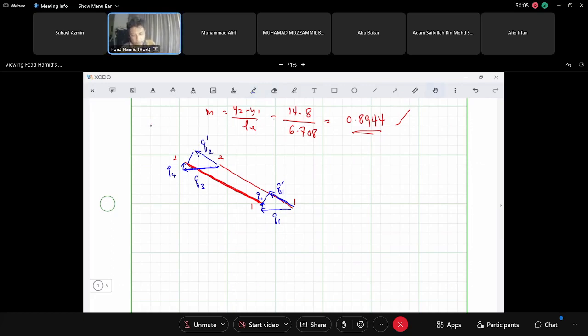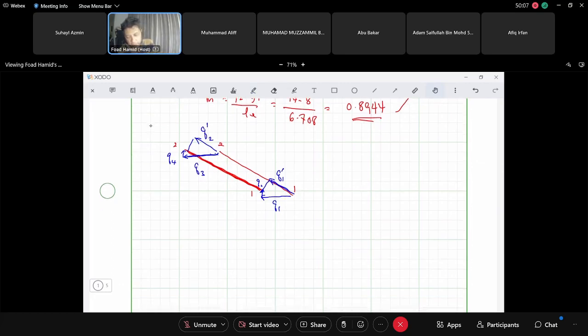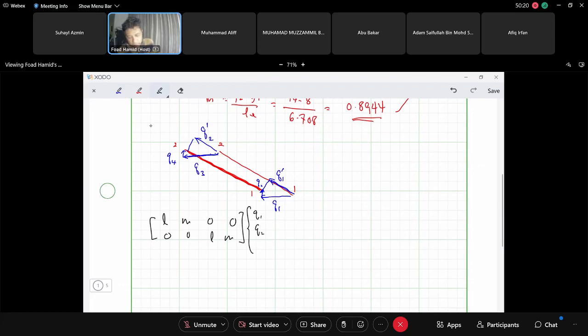Okay, Q prime 2. And the relation between Q and Q prime is just the L and M matrix. And of course, this is our Q1, Q2, Q3, Q4 equal to Q1 prime and Q2 prime.